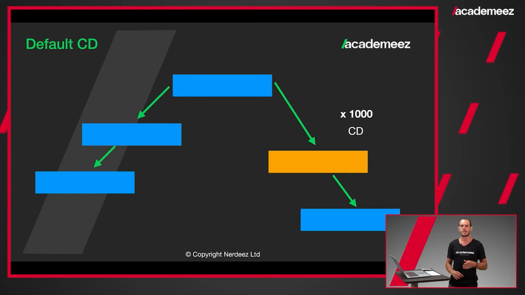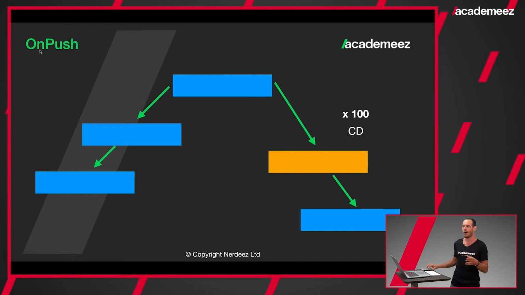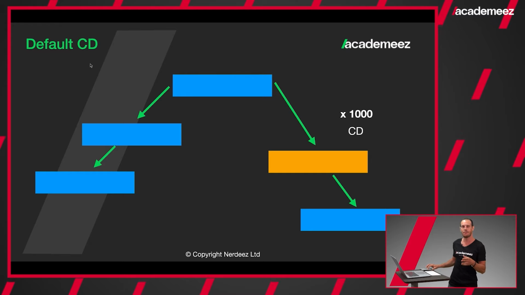In terms of performance, working in zoneless is the most performant change detection strategy you can choose. If we compare the number of change detections on a component, with the automatic default change detection, we might have a component that triggers change detection 1,000 times.